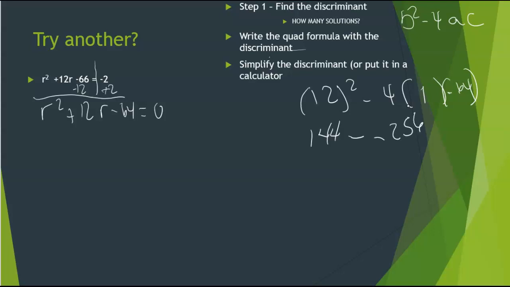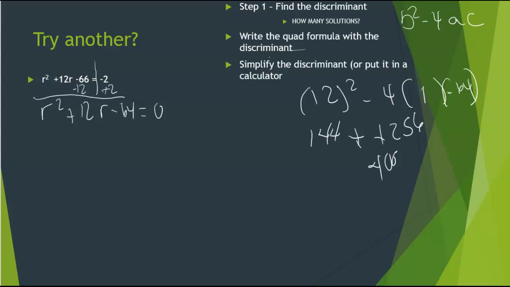Okay, so bam, bam, right? Because we got two negatives together. So 144 plus 256 equals 400. So the discriminant is 400, right?